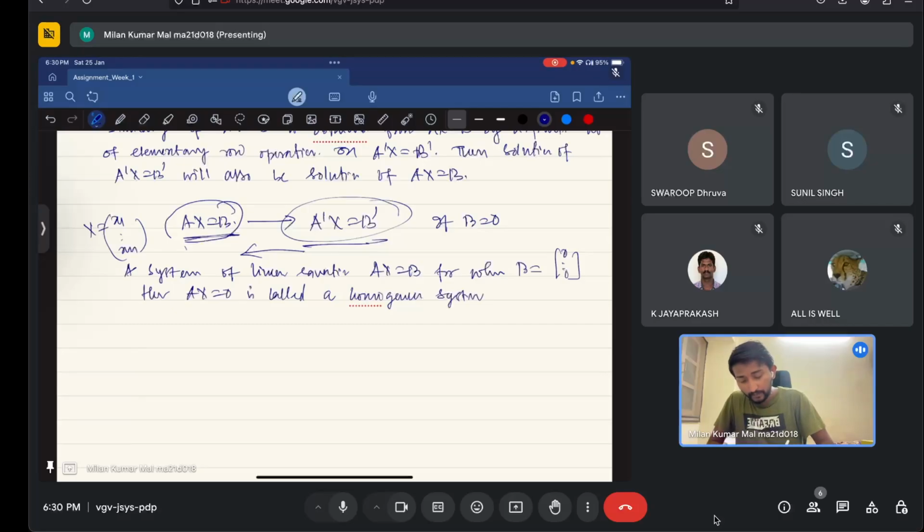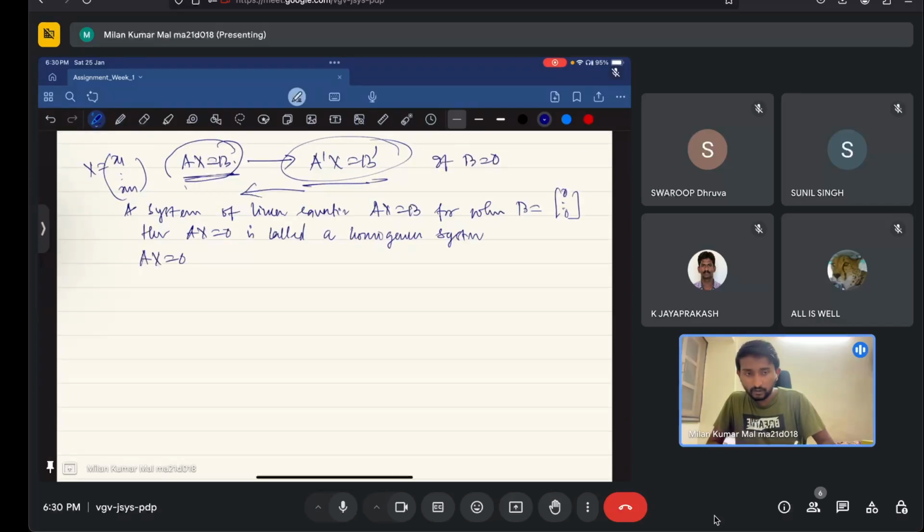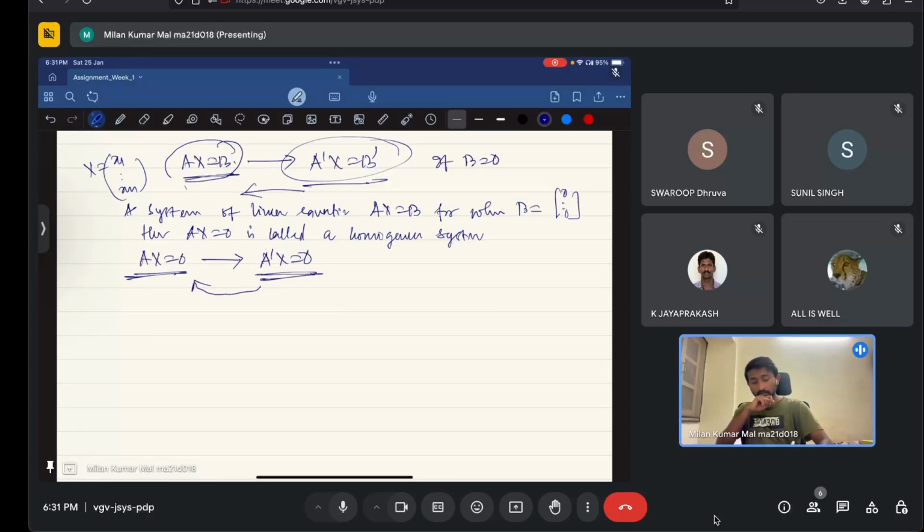For example, if Ax = 0 is a homogeneous system and after elementary operations you get A'x = 0, then whatever x satisfies Ax = 0 will also satisfy A'x = 0. Similarly, if A'x = 0 gives Ax = 0 after elementary row operations, then whatever x satisfies one will satisfy the other.